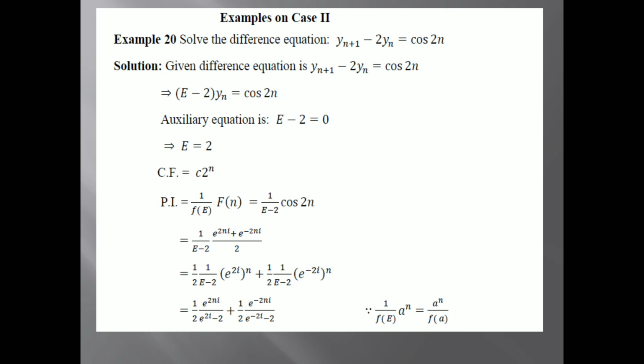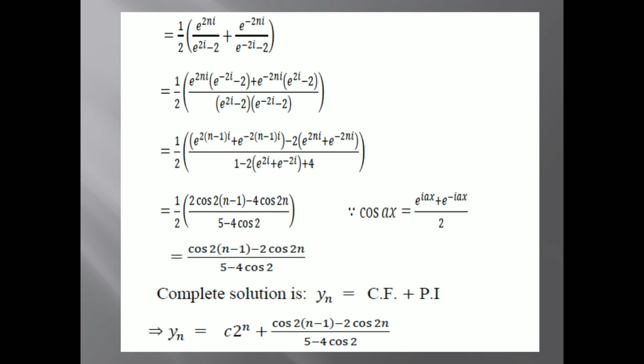Operate 1 upon E minus 2 on e raised to 2i and e raised to minus 2i raised to n. We get 1 upon 2 into e raised to 2ni upon e raised to 2i minus 2, plus e raised to minus 2ni upon e raised to minus 2i minus 2.